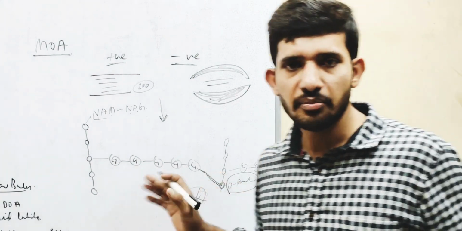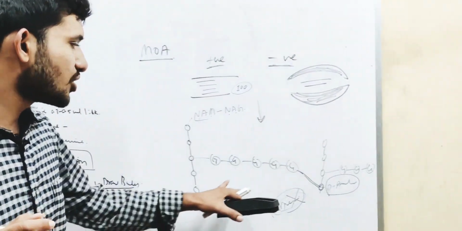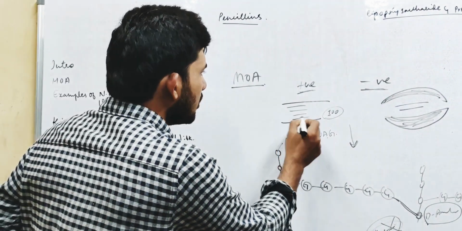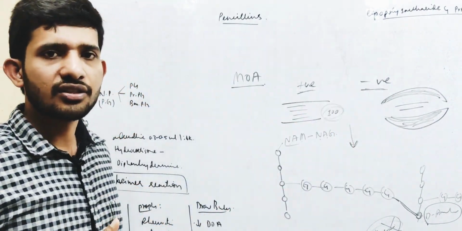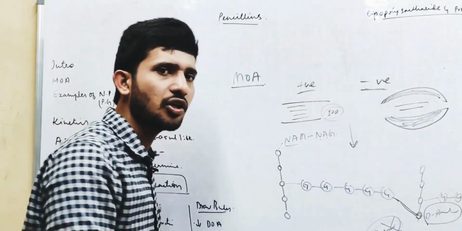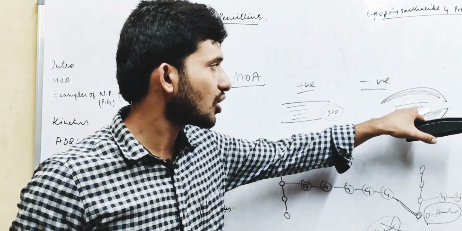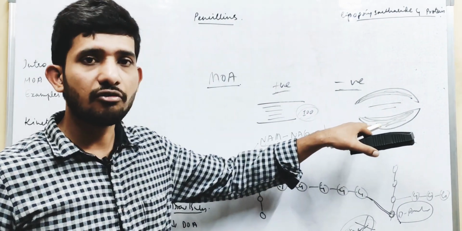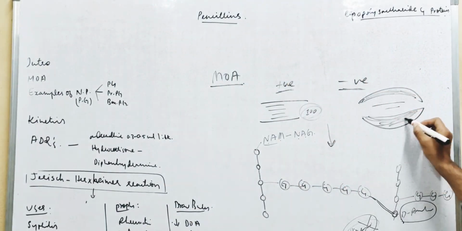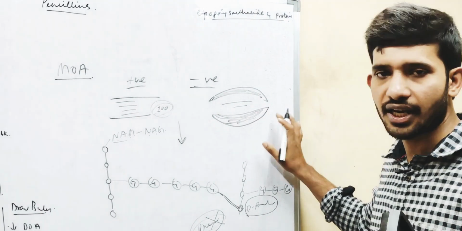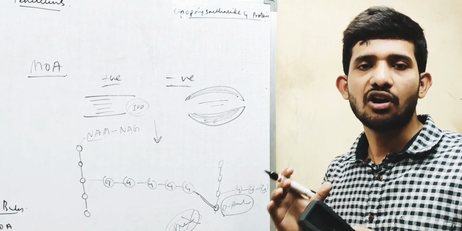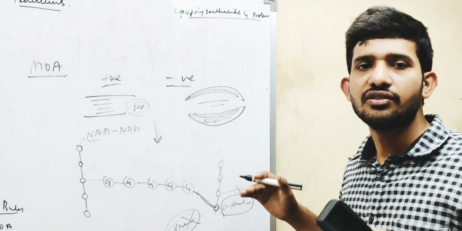So this is the mechanism of penicillins, which stops the synthesis of the cell wall of the bacteria. We have hundreds of peptidoglycan layers in gram-positive bacteria, and in gram-negative bacteria we don't. Even when the peptidoglycans are inhibited, the bacteria will survive because of the encapsulation synthesized by lipopolysaccharides, which helps the cell wall survive.